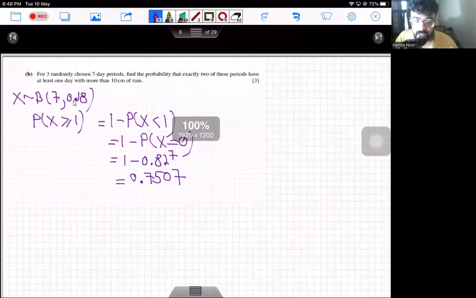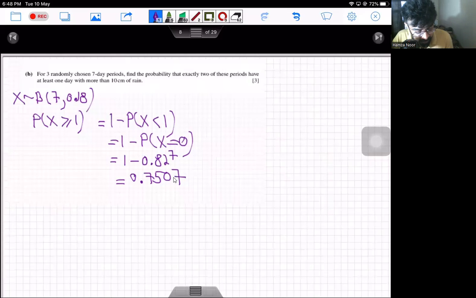Okay, and the probability of raining on at least 1 day with more than 10 centimeter of rain is now 0.7507. So one scenario is now followed by the other one. Now what we have done, we have selected 3 days randomly. We have randomly selected 3 days out of that complete 7-day period.